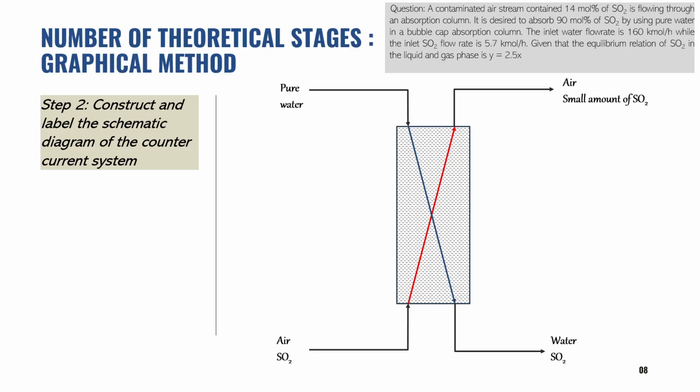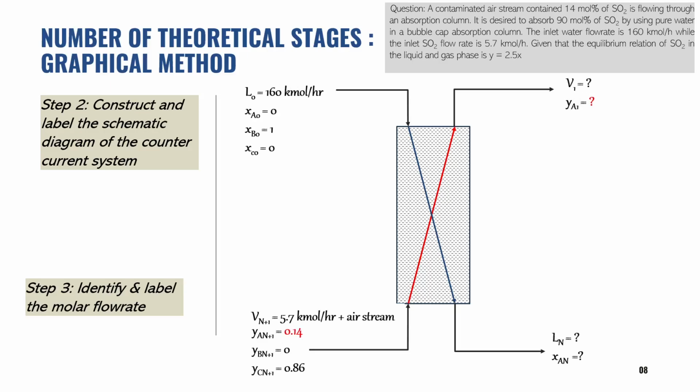Because only 90% of SO2 is absorbed by the pure water, meaning 10% of the initial SO2 is still left in the gas stream leaving at the top of the column. Alright, next we identify and label the molar flow rate.